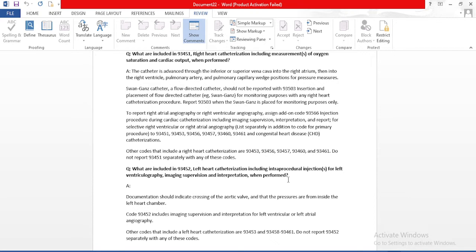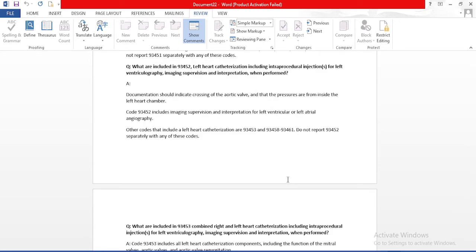Other codes that include right heart catheterization are 93453, 56, 57, 60 and 61. Do not report 93451 separately with any of these codes. Why? Because right heart catheterization is included in all these codes. So we can't code right heart catheterization with 53, 56, 57, 60, 61.